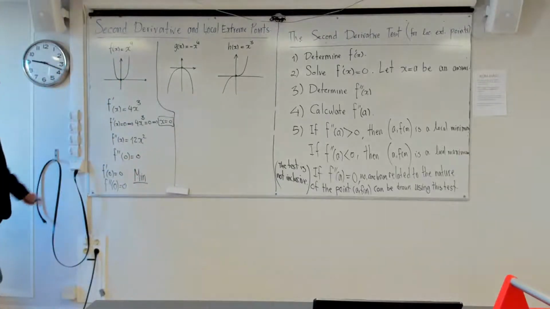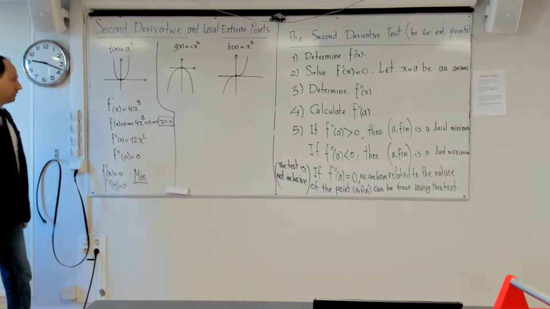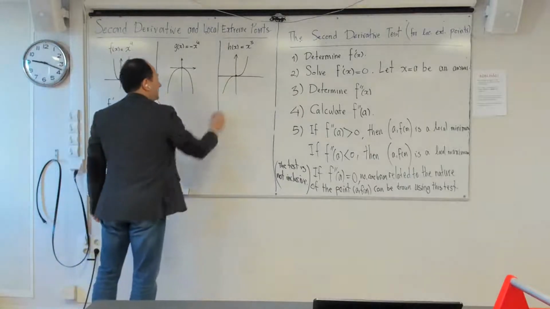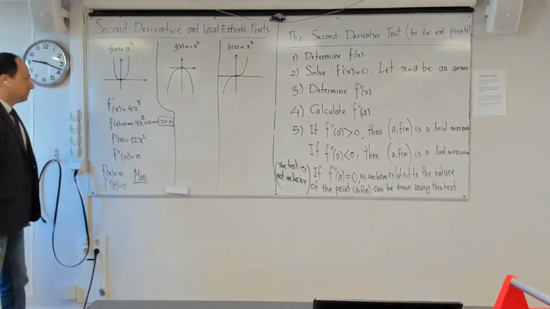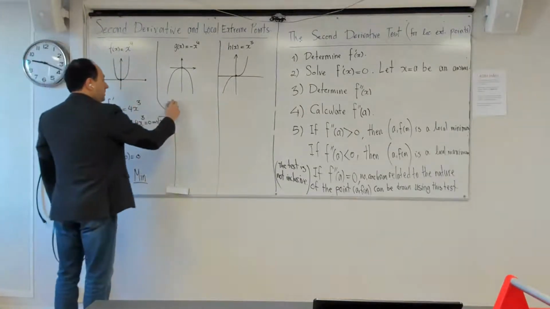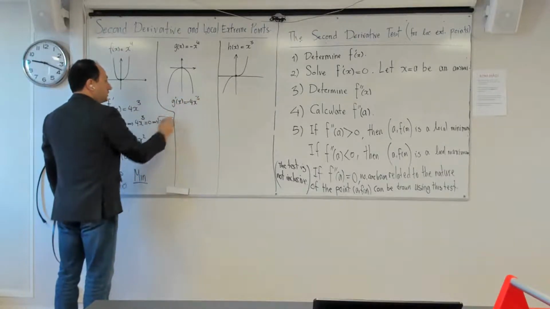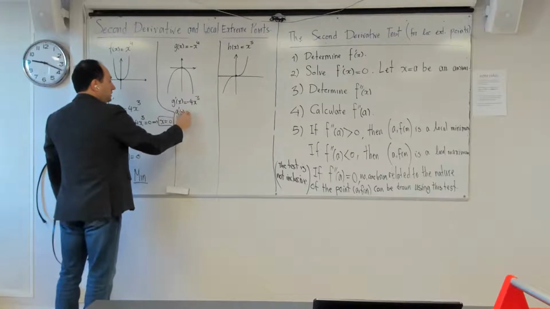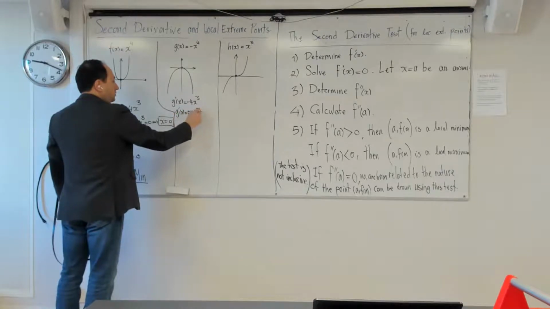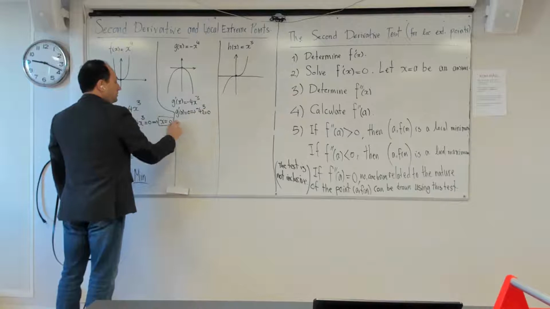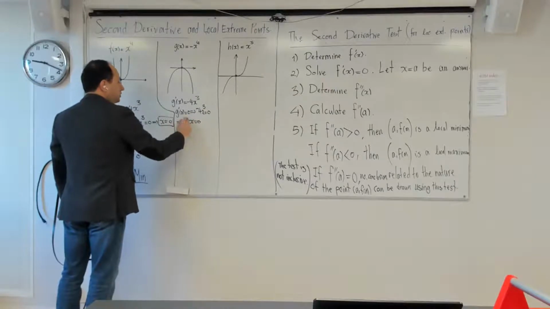Let us do the calculation for minus x to the power of 4. It's extremely easy, yes? So let us just do it here. I calculate g prime of x. It becomes minus 4x to the power of 3. I put it equal to 0. Then it means that minus 4x to the power of 3 is equal to 0. So again, it gives me 0.